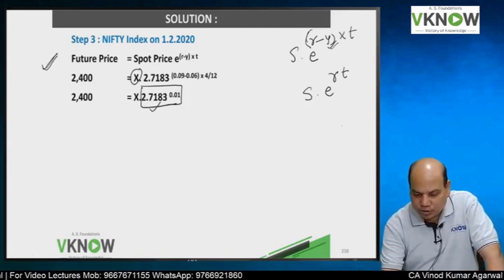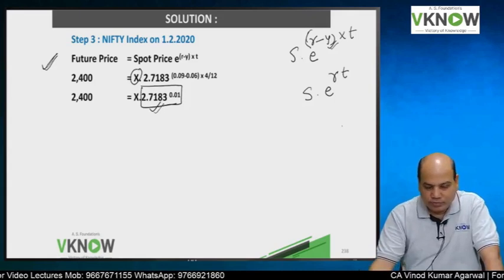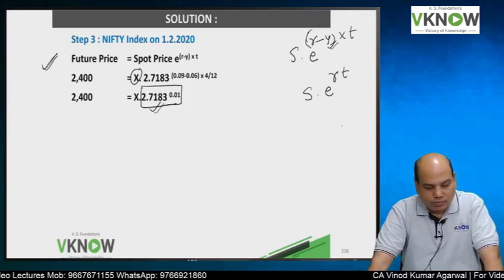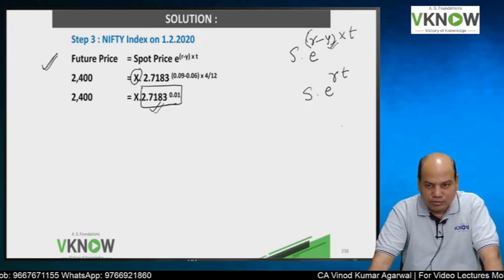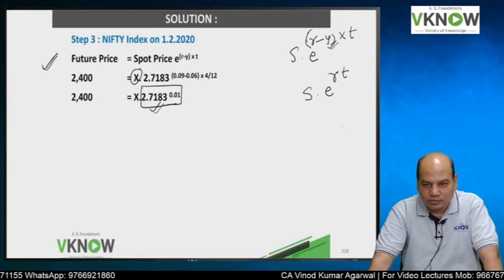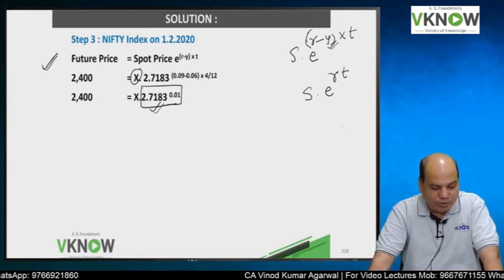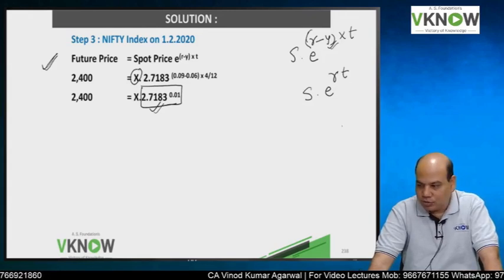By using your calculator, you can do it. First, you type 2.7183. Press square root 12 times. Minus 1, multiplied by 0.01, plus 1, multiply equal to 12 times.